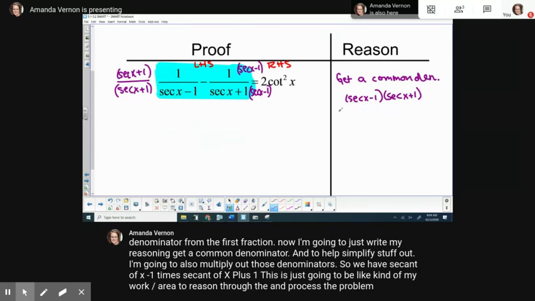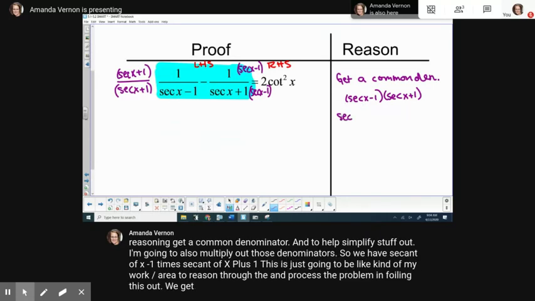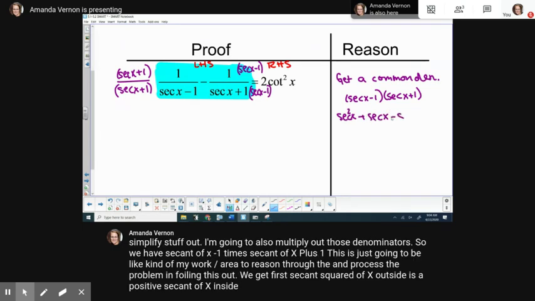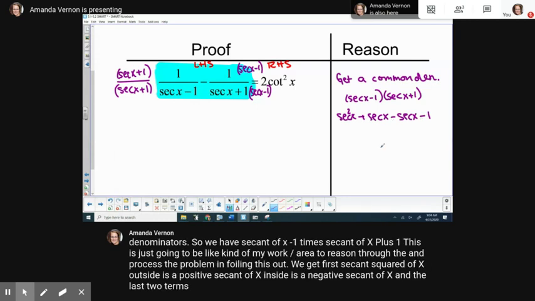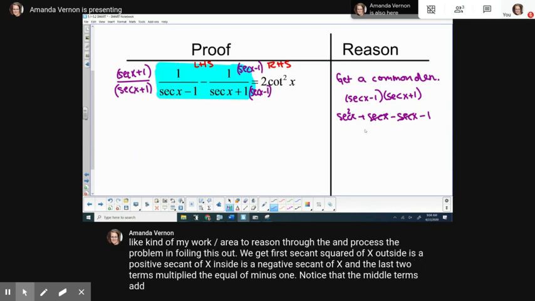In foiling this out, we get first secant squared of x. Outside is a positive secant of x. Inside is a negative secant of x. And the last two terms multiply to equal a minus 1. Notice that the middle terms add to 0. So I'm left with secant squared of x minus 1.